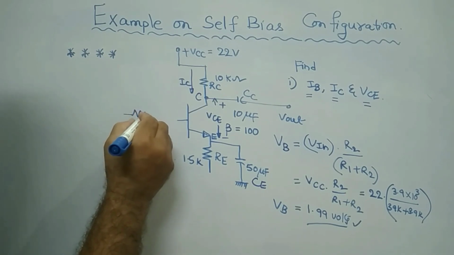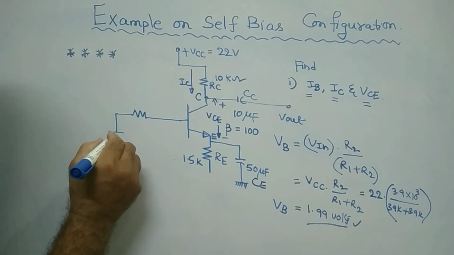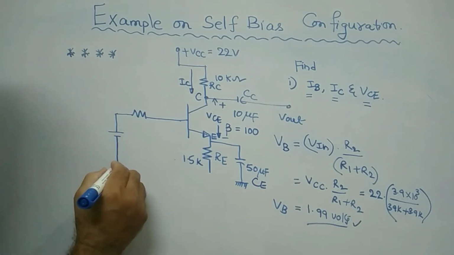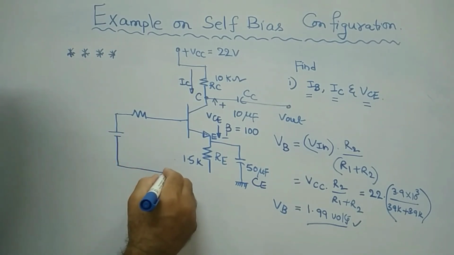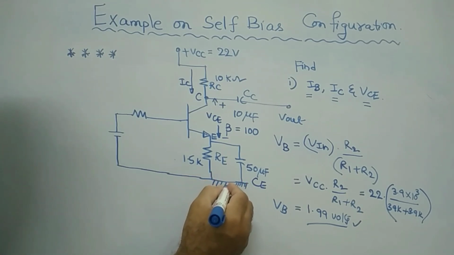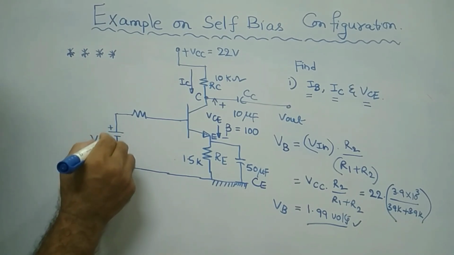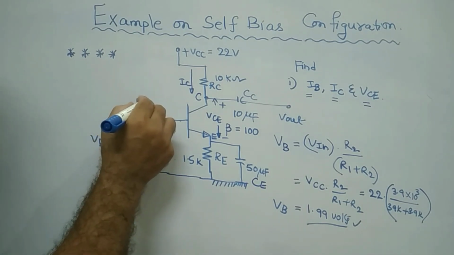I can put RB here, and this is my VB. This terminal, everything can be grounded, no problem. This is your VB, with plus and then minus, and this is your RB.